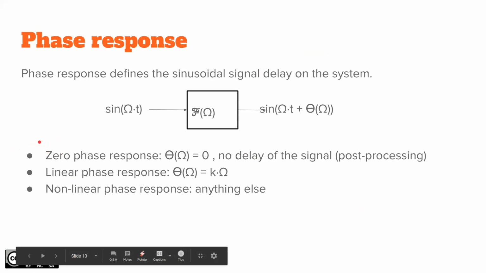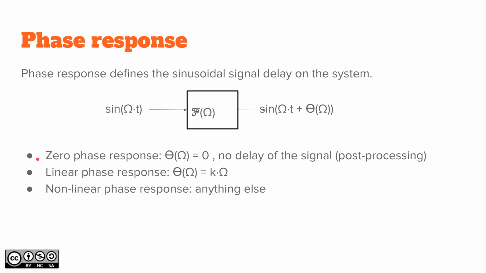And actually on digital systems, you can also have zero phase response, meaning that the signal does not delay in the system at all. Of course, this cannot happen in the real world, but remember, we can also do lots of post-processing in the digital world.